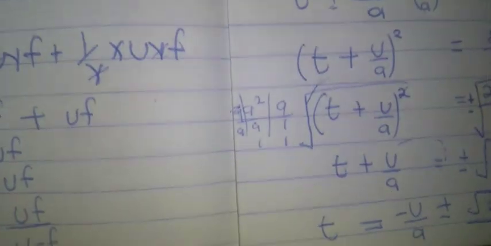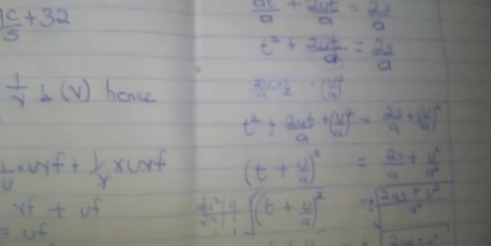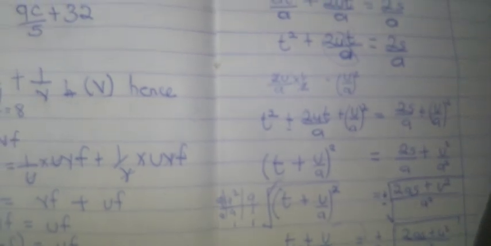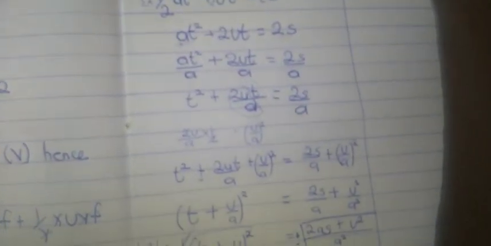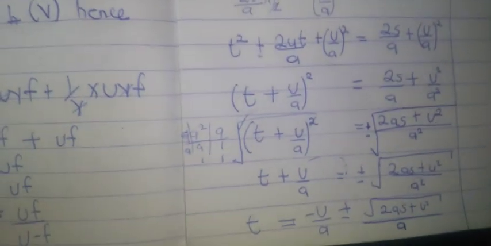So our t will equal to, we maintain our denominator as a, because they have the same denominator. Then negative u will remain the way it is, plus or minus root of, I can begin with that which is squared.